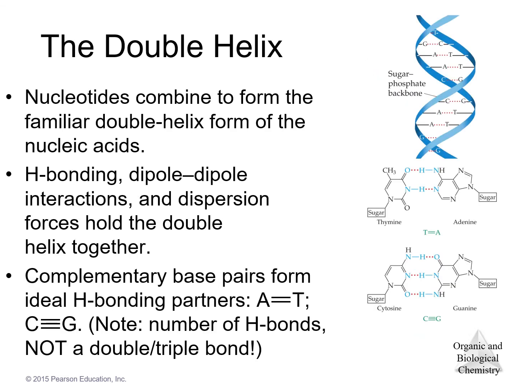And then DNA, double helix: nucleotides combine to form the familiar double helix form of nucleic acids. There are hydrogen bonding, dipole-dipole interaction, and dispersion forces that hold the double helix together. They're complementary base pairs. Note the number of hydrogen bonds, not a double, triple bond.